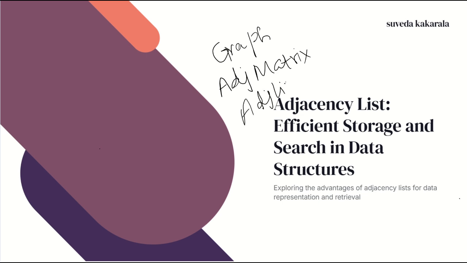The adjacency matrix has its fair share of disadvantages, so the adjacency list was invented, and all the disadvantages of the adjacency matrix can be overcome by the adjacency list. Also note that the adjacency list has its own disadvantages, which we are going to look into in this video.